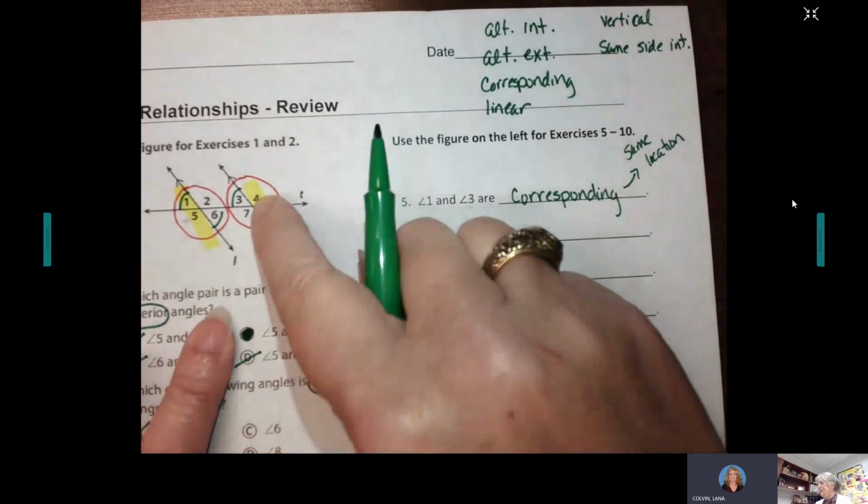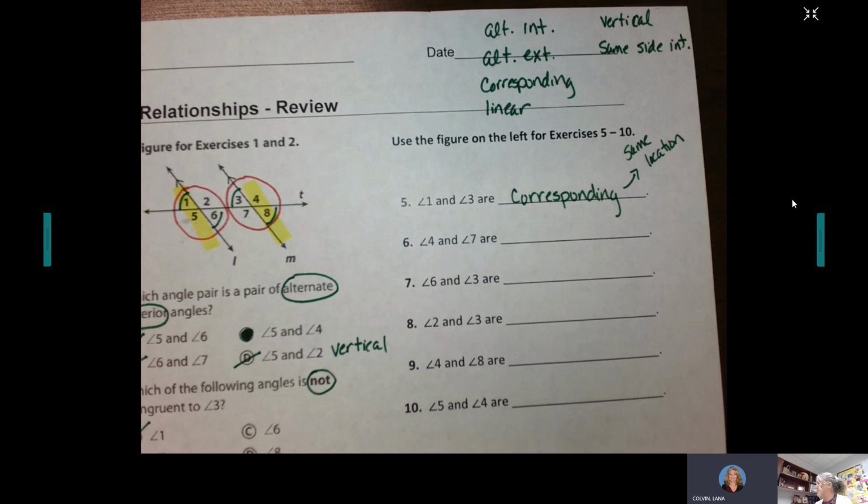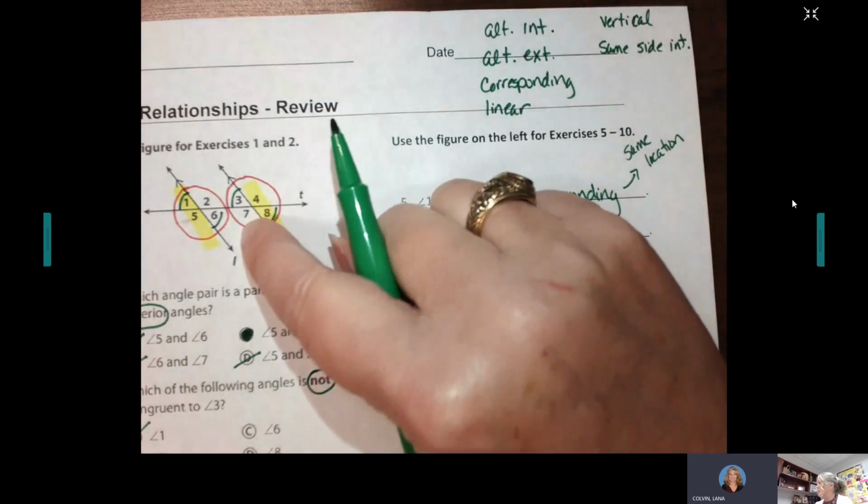All right, what about 4 and 7? What kind of angles are those?